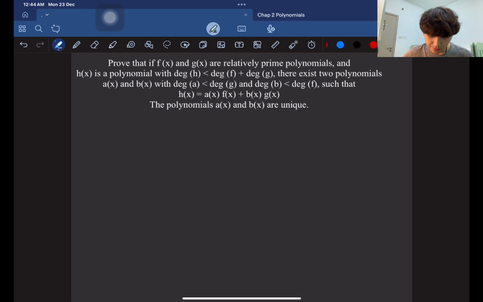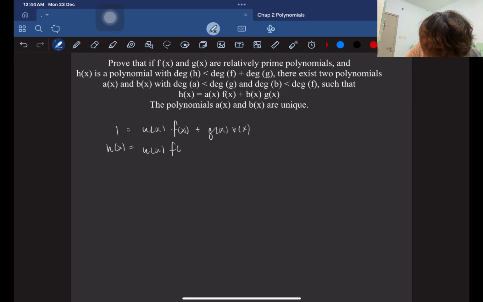Firstly, we know that f(x) and g(x) are relatively prime. So we get 1 equals u(x)f(x) plus g(x)v(x). Then let's multiply h(x) on both sides. Then we'll get this.